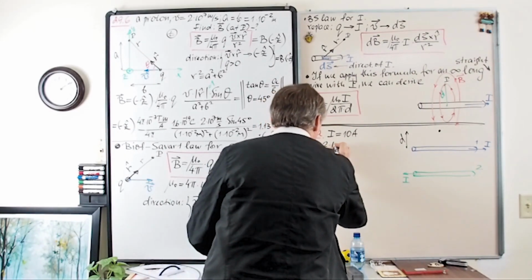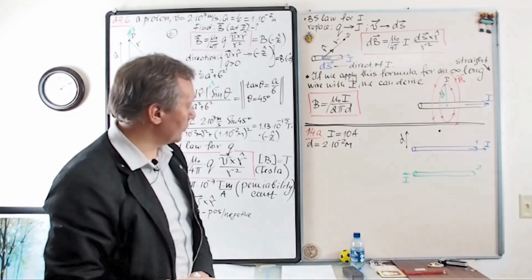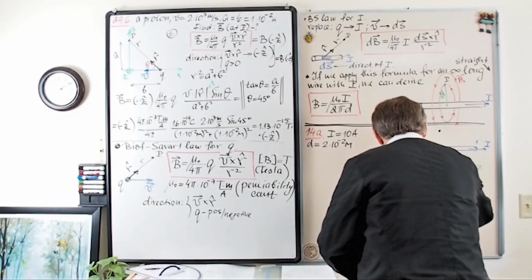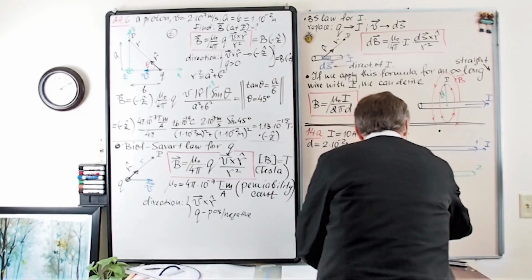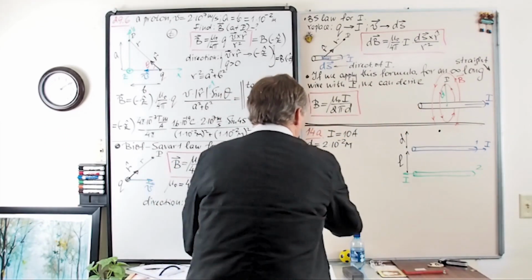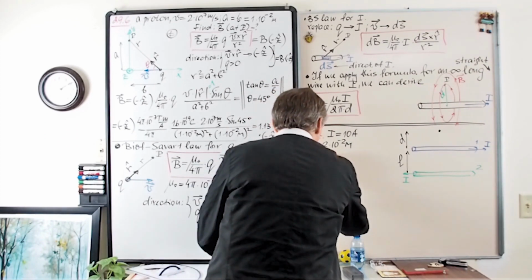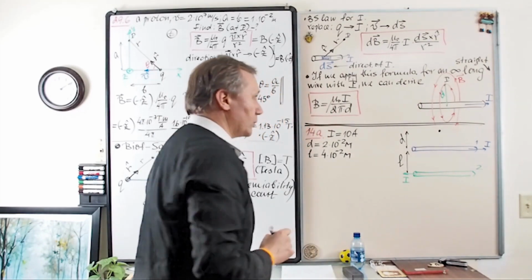Let me convert to meters immediately: 2 times 10 to the power of minus 2 meters. Then, we also know the distance between these two wires. That is given using symbol L, and the value of L is 4 centimeters, so it's 4 times 10 to the power of minus 2 meters.